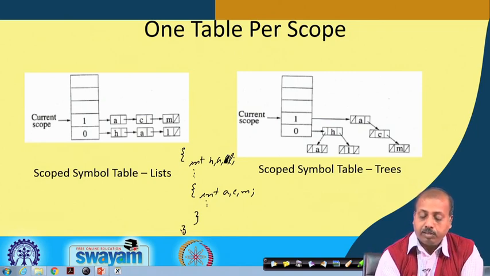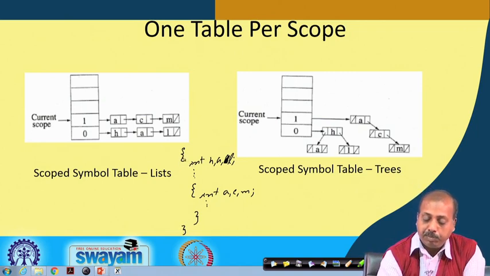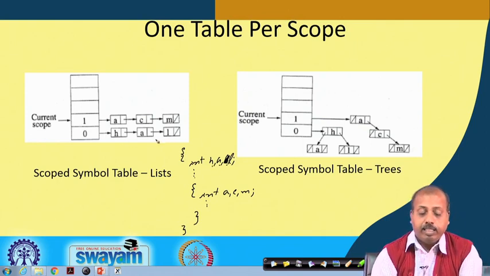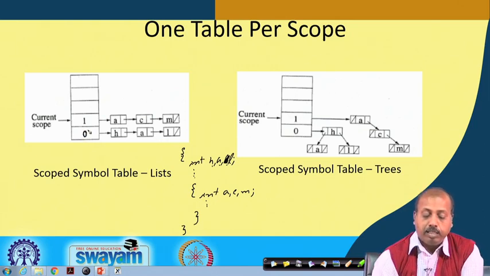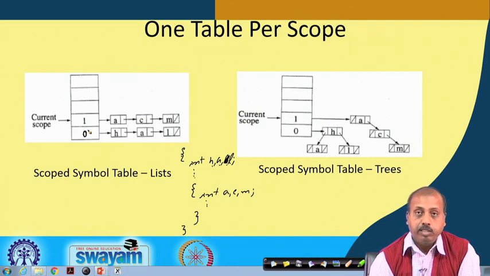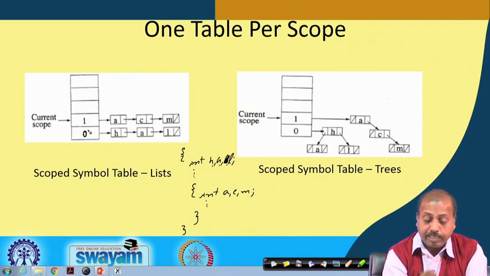Now, when I am in this particular block, I have to create a symbol table where this H, A and L are put on a list, and we use a stack. So, we will note down the level of the nesting, and the nesting level is 0. So, this H, A and L are there.